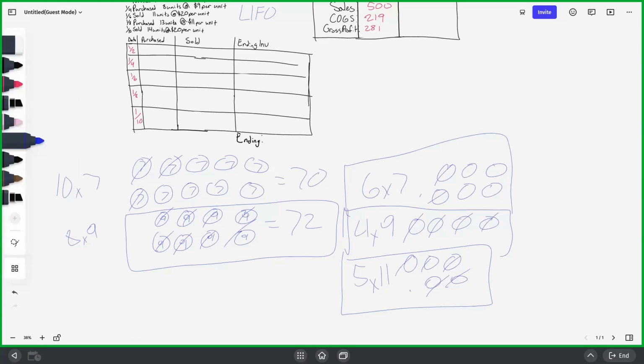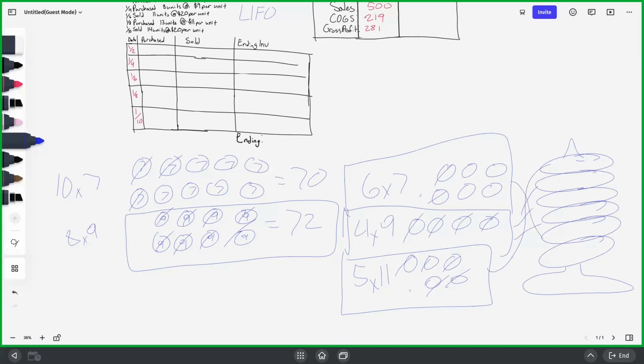Here are the first 5 tires that we have to get rid of before we get into the 4 above, before we can get into the 6 above. With these guys on top, this towards the center, and these guys on the bottom, we're pulling these top guys.